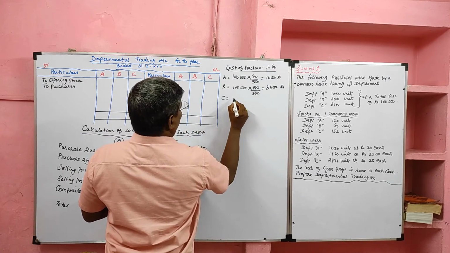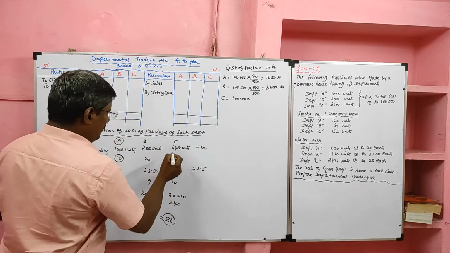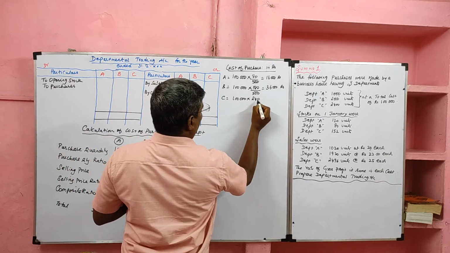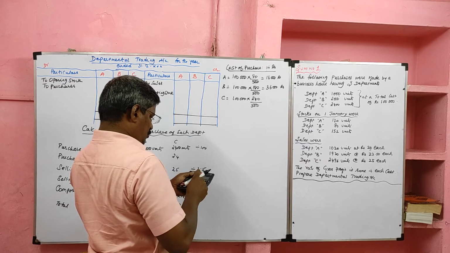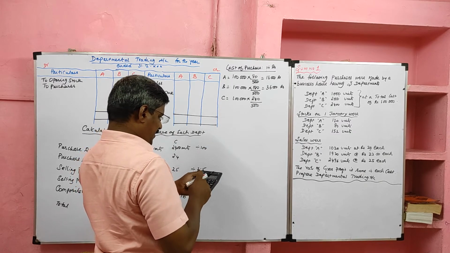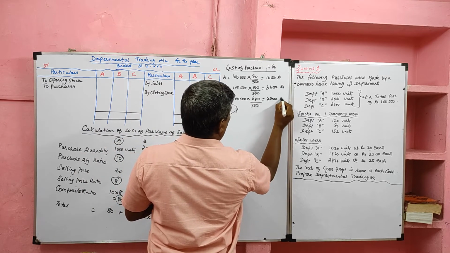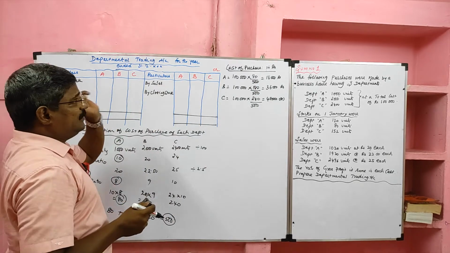Then we can ascertain for C, 1 lakh multiplied by composite ratio of department C, 240 divided by 500. Its value, total cost 48,000 rupees.